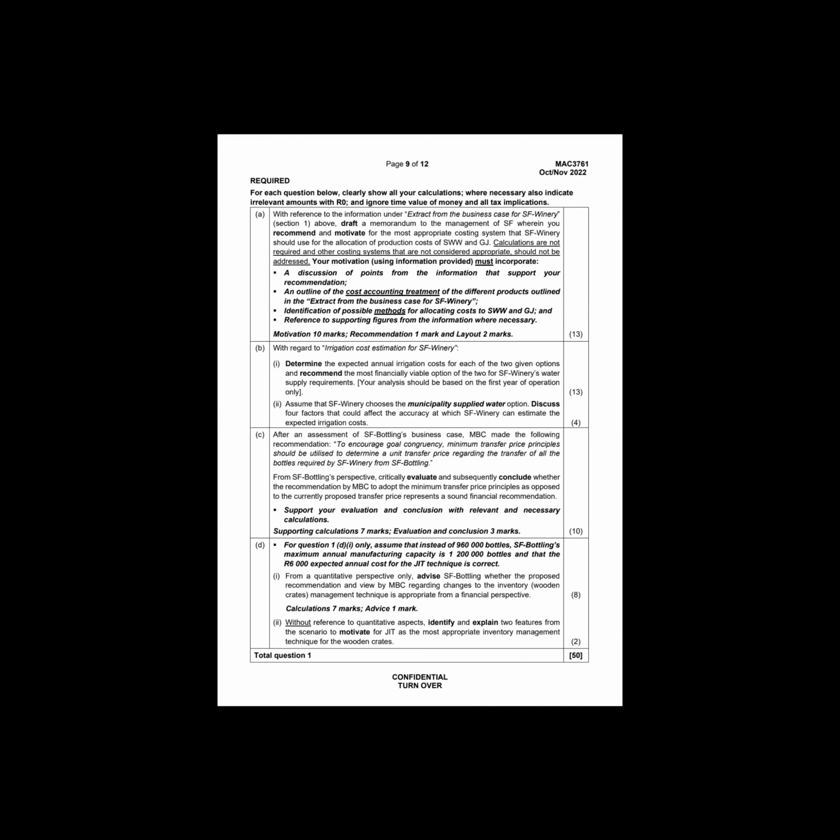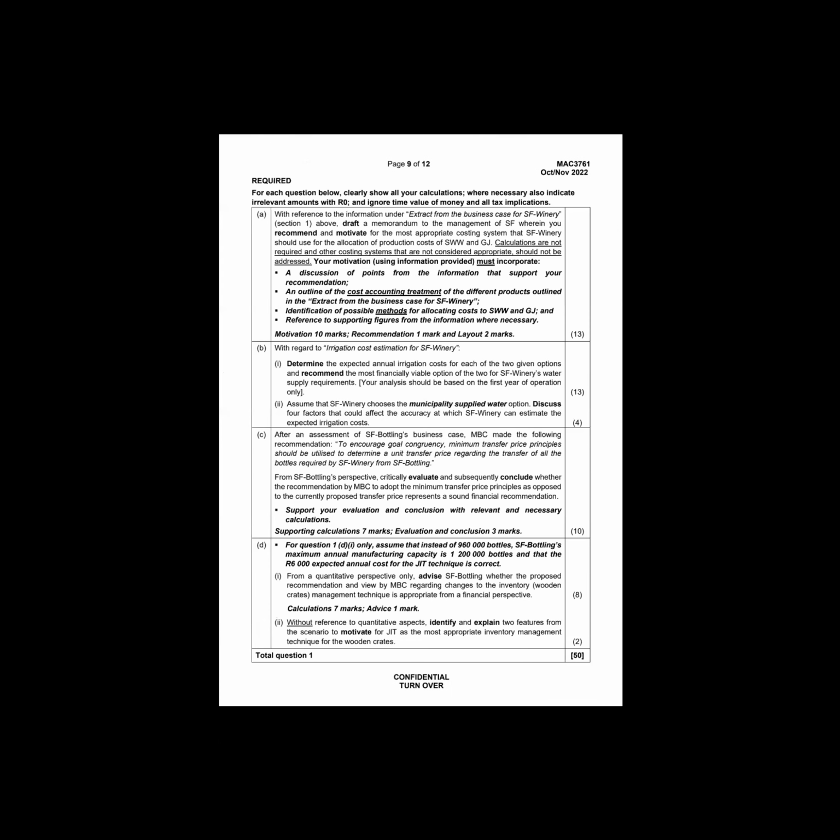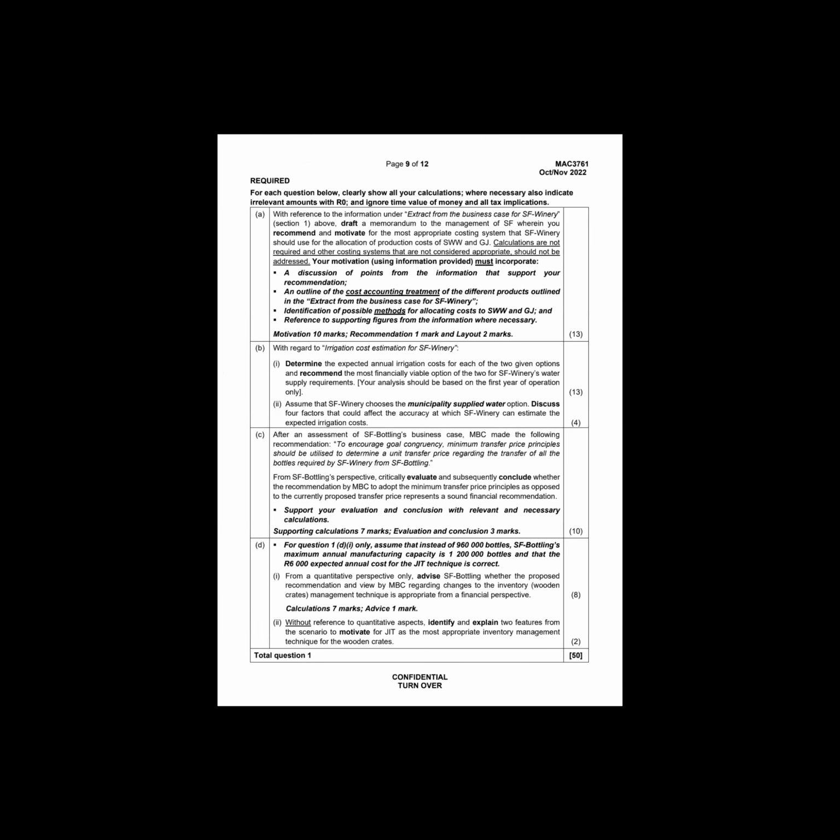Here, question A was with reference to the information under extract from the business case. How I'm getting to this question now is basically how you need to be answering it. When you get a question paper, just skip through all this for starters. Go to the questions, scan through them and see which ones you want to answer first.